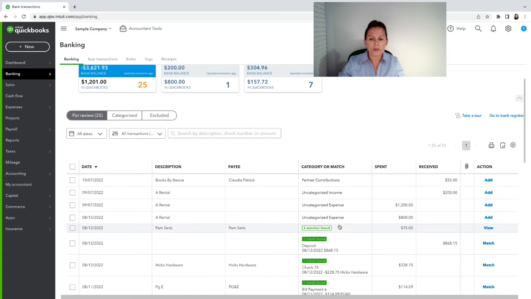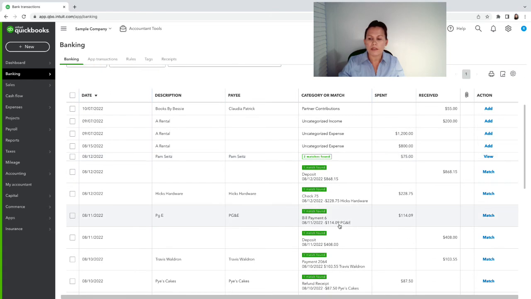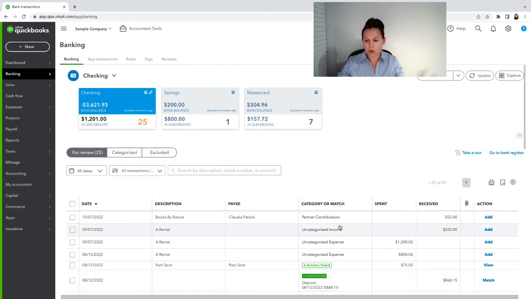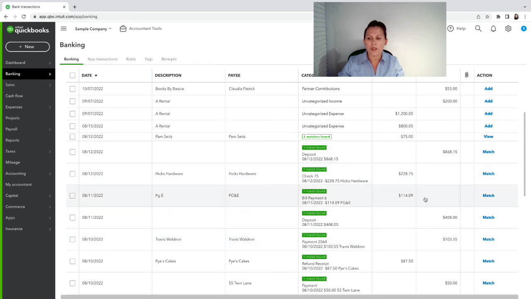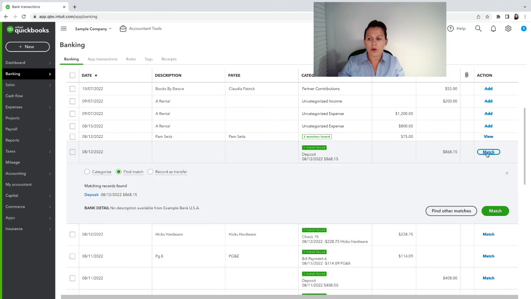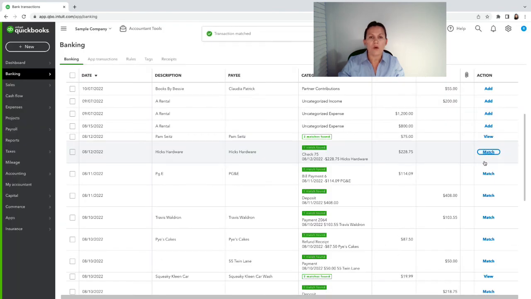Banking with QuickBooks Online is really simple. Keep in mind that those transactions are coming through, but only when you actually accept them or match them are they going to go into your books.